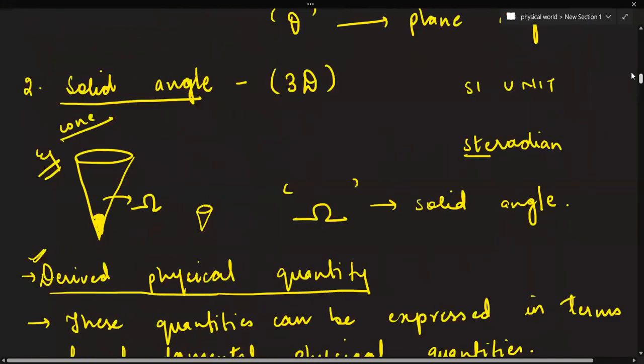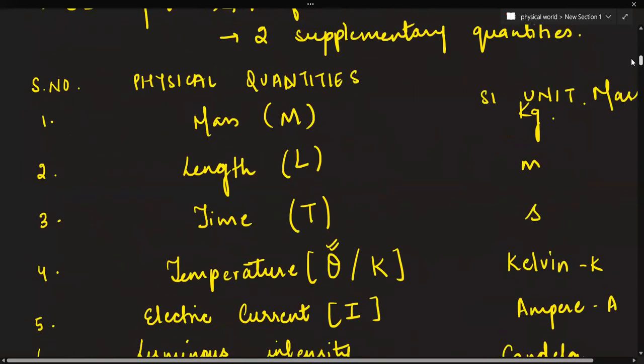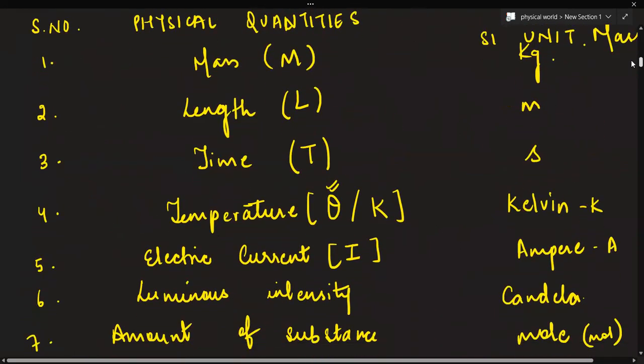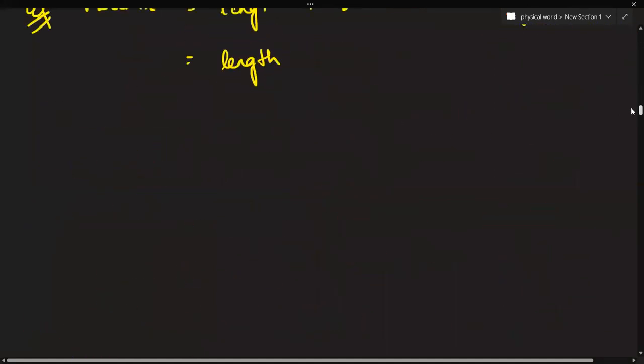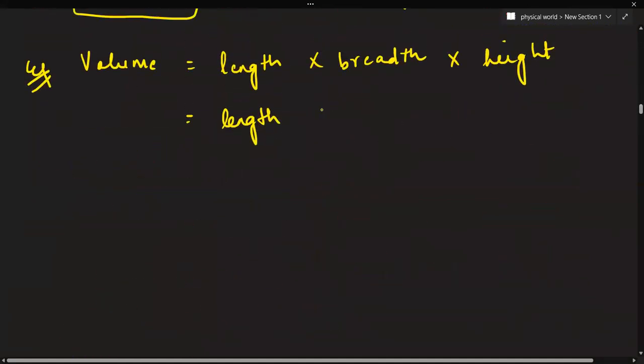So among all these 7 quantities that we have studied, length is there. What about breadth and height? How can they be expressed? In terms of mass, in terms of length, or in terms of time? In terms of length. So it means we can write breadth as equivalent to length.